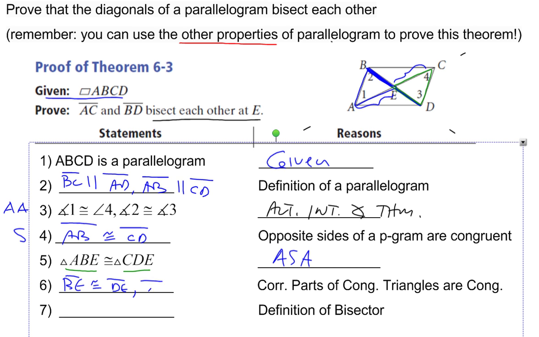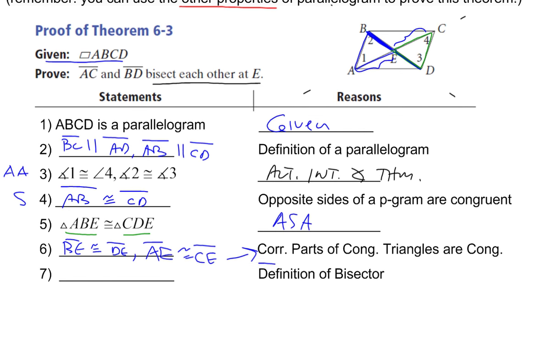So AE, let me write that more neatly. I can say that line segment AE is congruent to line segment CE. And what's the reason for that? Well, corresponding parts of congruent triangles are congruent, or CPCTC. Well, what does that mean?